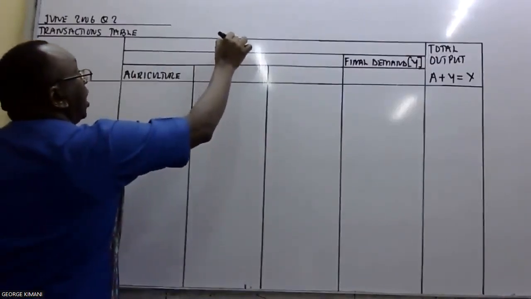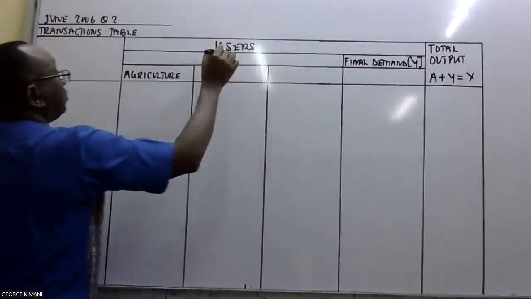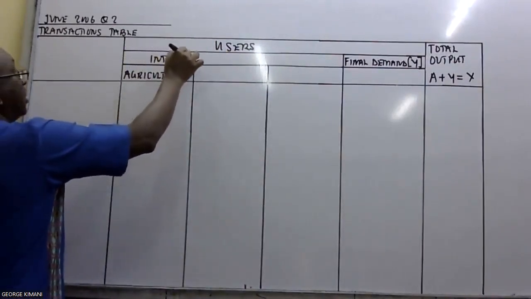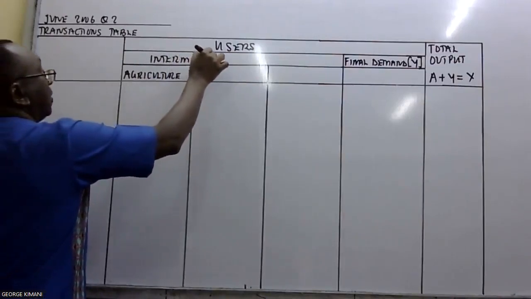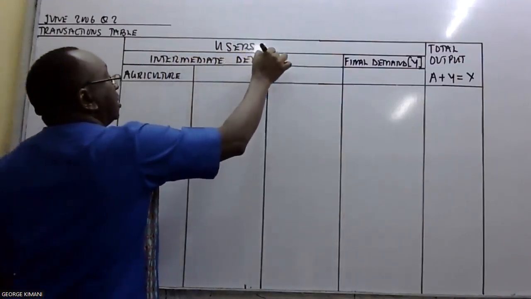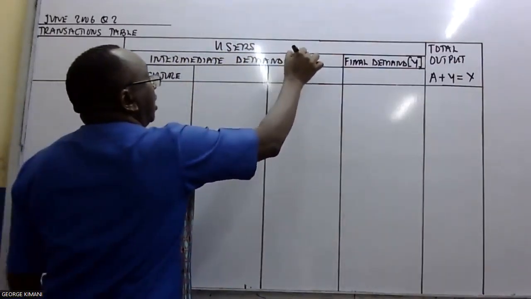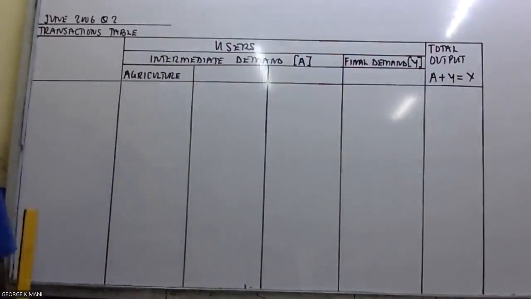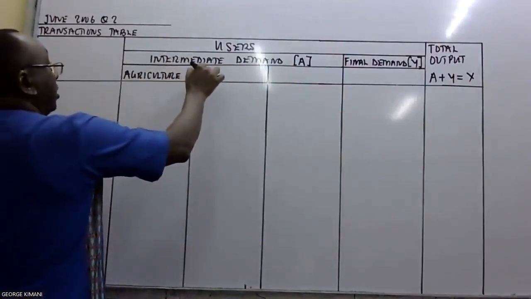So here we have the users. This is called intermediate demand, which is represented by matrix A. We have mining here.